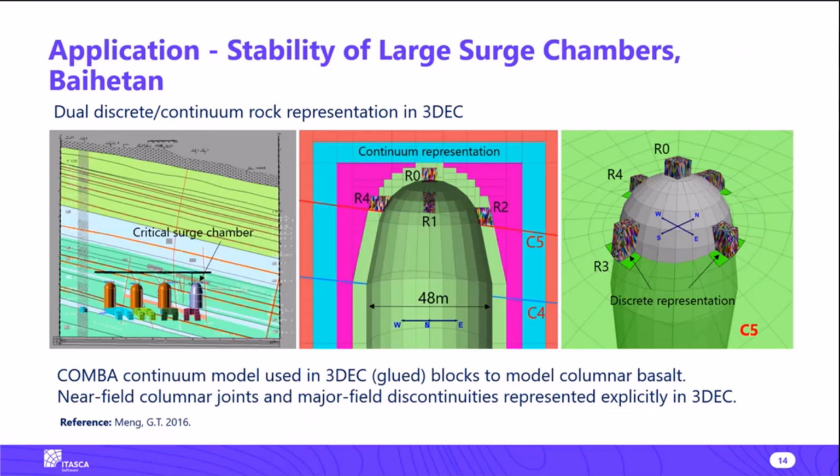And of course, it becomes really cumbersome to do that for the whole model at that scale, so we restricted the discrete approach to those small regions, mostly around the cap of the surge chambers.